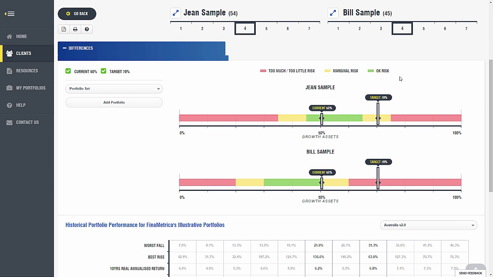In addition to comparing your client's comfort zones against their current and target portfolios, you can also compare them against your standard set of asset allocations if you have one.